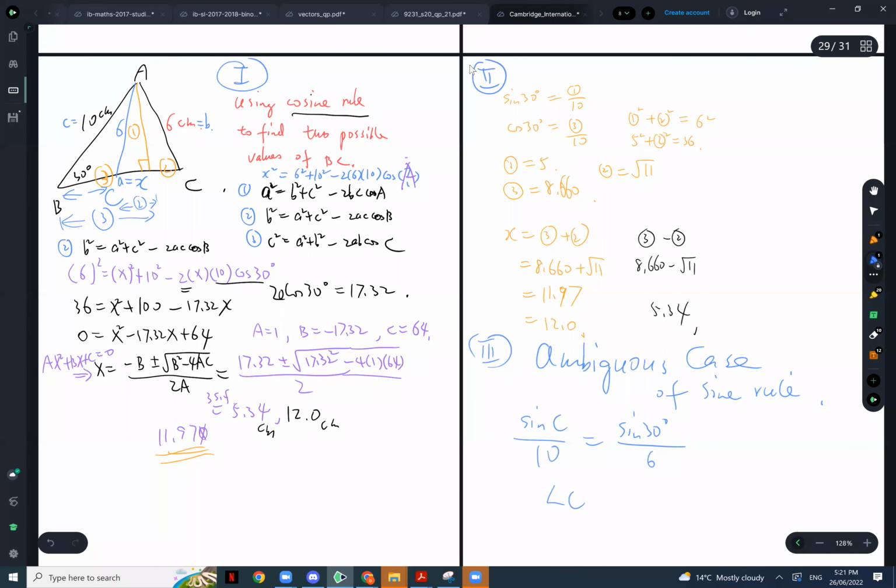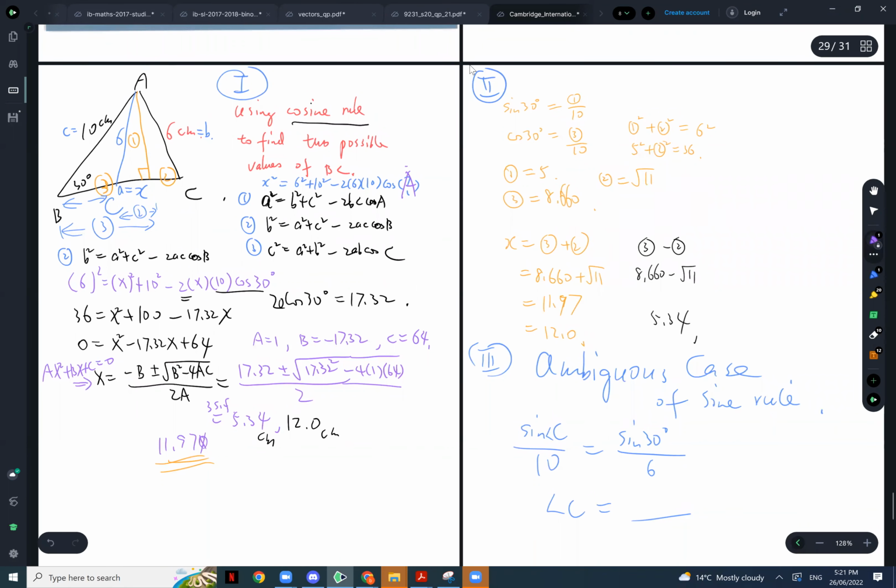So angle C will be... calculator. Oh, there's a bad calculation. 5 over 6. Yeah. 56.44. Oh, wait, no, 56.4. Oh, 56.44. Good.